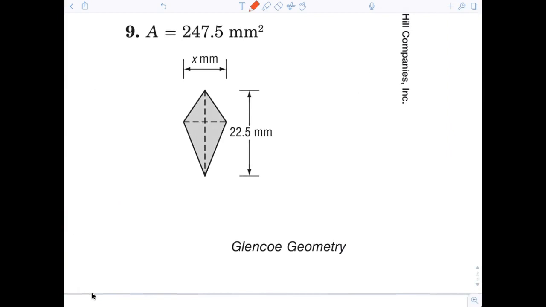Finally, over here, 247.5 is equal to 1/2 x times 22.5. Do I put that being 22?